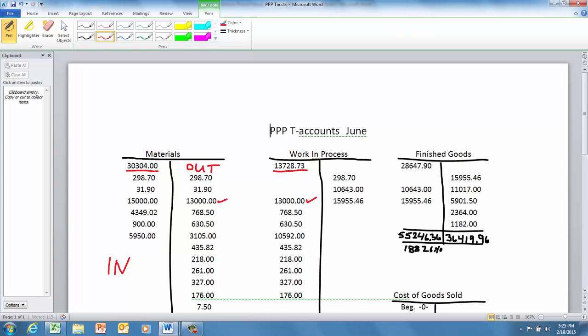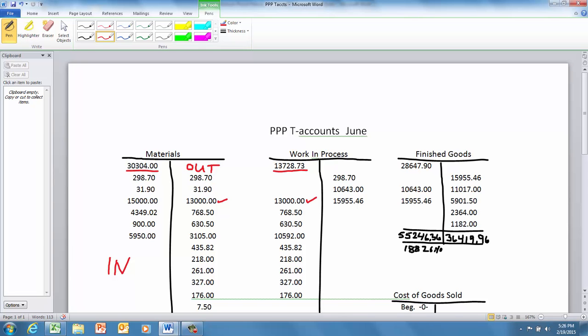Materials being issued means they're coming out, and so I'm going to have to put this $13,000 on the outside of the T account, and it's coming in to the factory floor, so it's coming into work in process. And again, the inside is on the left and the outside is on the right.